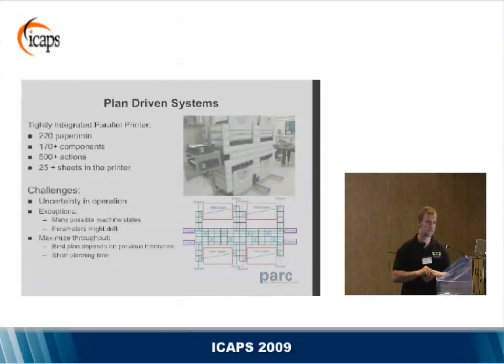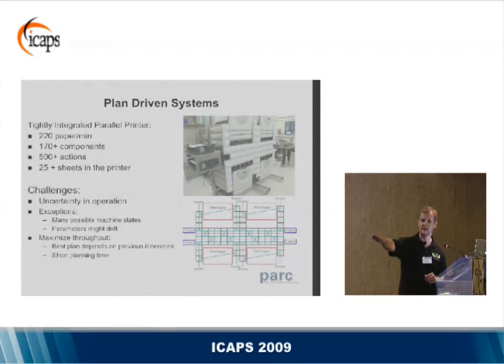One system which was well introduced beforehand is the tightly integrated parallel printer, which is a roller coaster for ants in some sense, because you have paper feeding in on the one hand side, and then you have many different print capabilities. You could think of maybe a black and white printer, a color printer, and some other capabilities along the paper path.